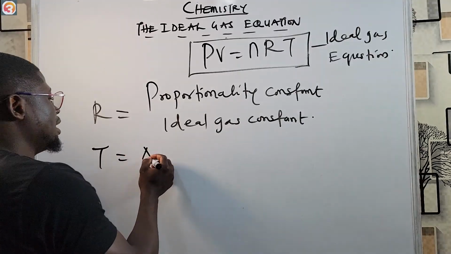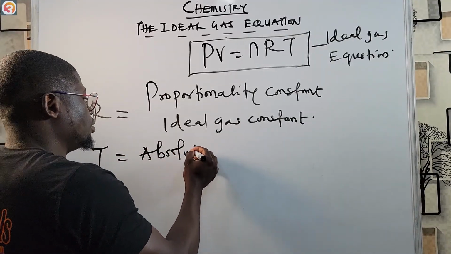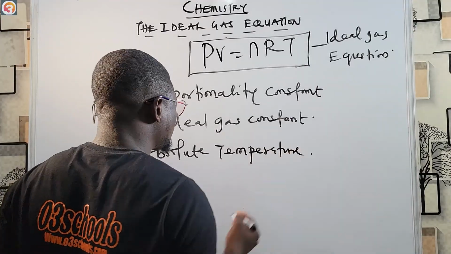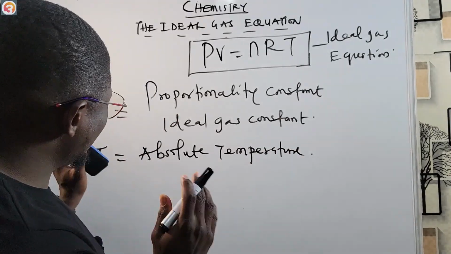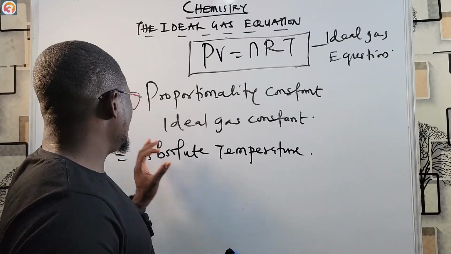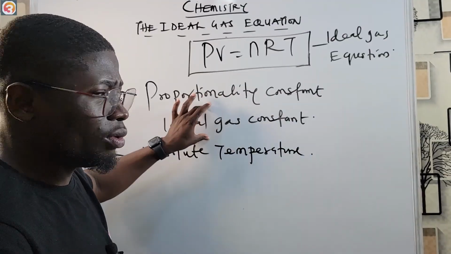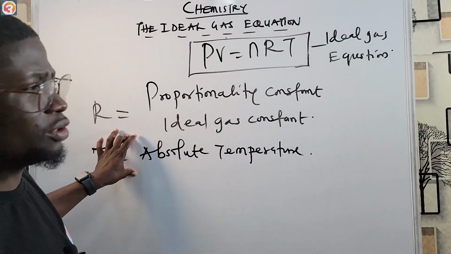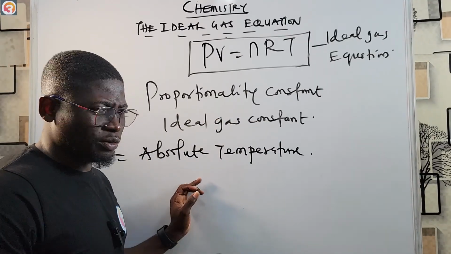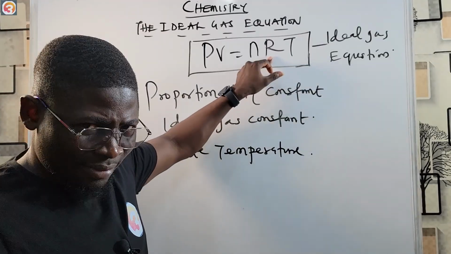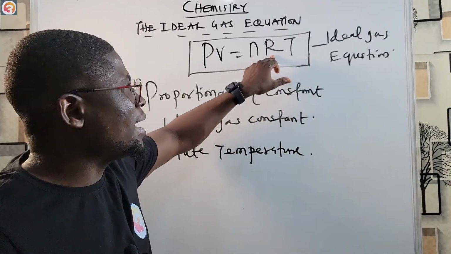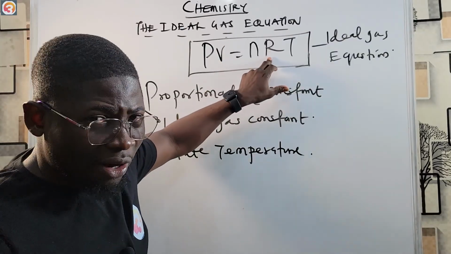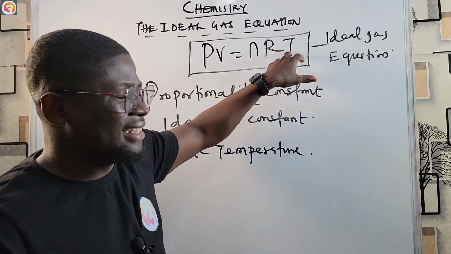T is the absolute temperature. So this is important. You need to know this too. So R is the proportionality constant, the ideal gas constant. Then T is the absolute temperature. Having known this, what else is there to know? The value of R depends on the value of the other 4 variables. The value of R depends on the value of P, V, N, and T.